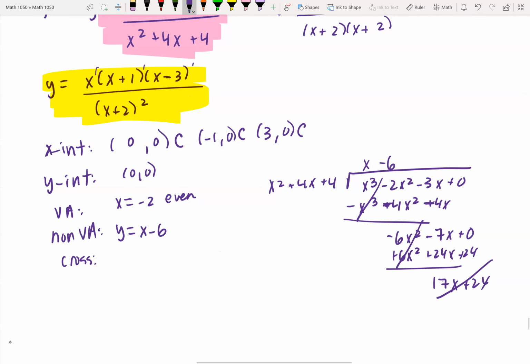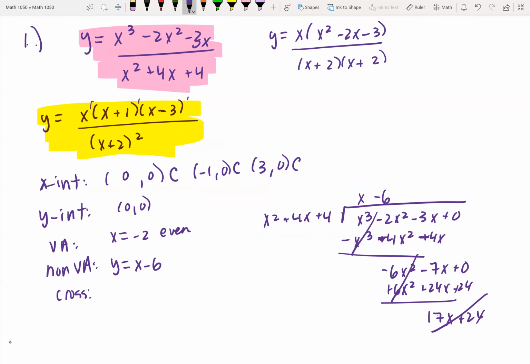Does it cross the non-vertical? Take the multiplied out version of the original, set it equal to the right side of the non-vertical, which is x minus 6.